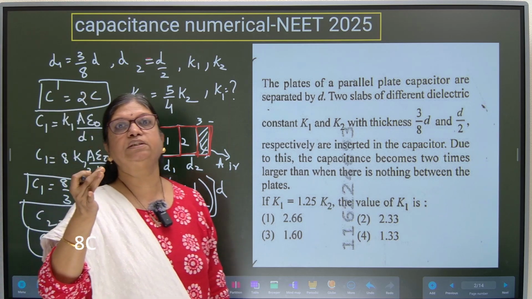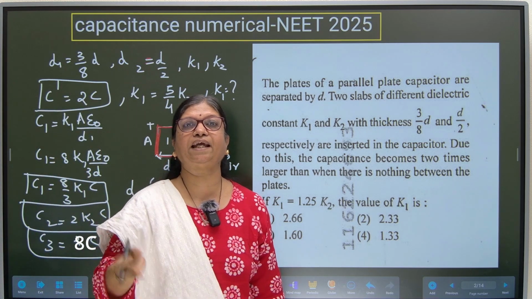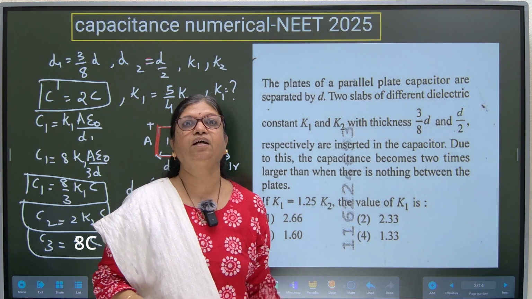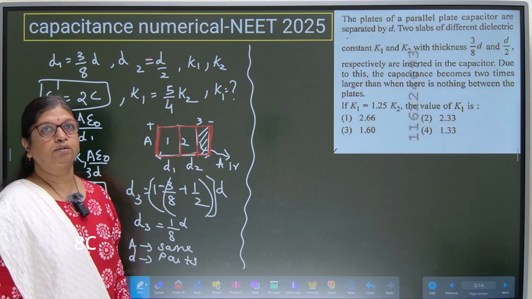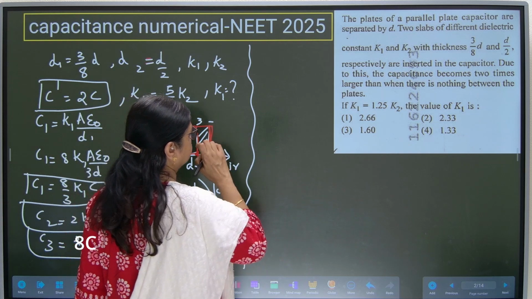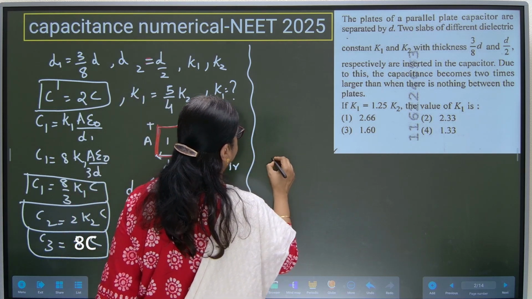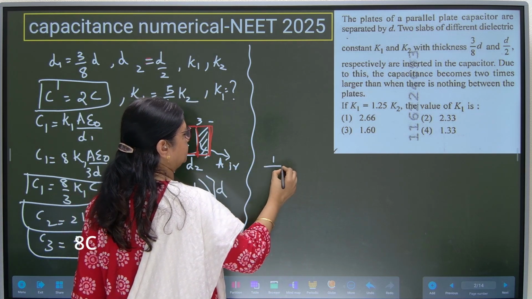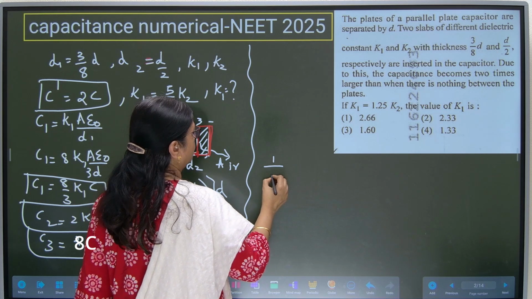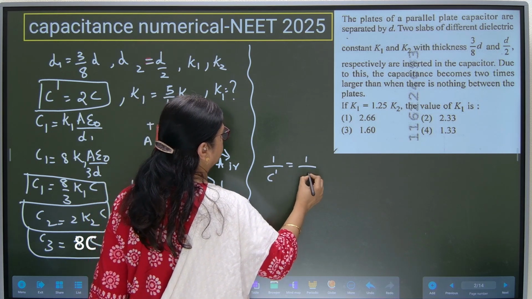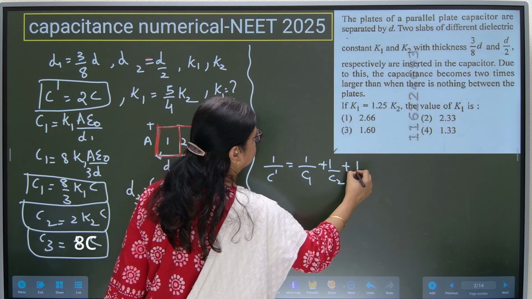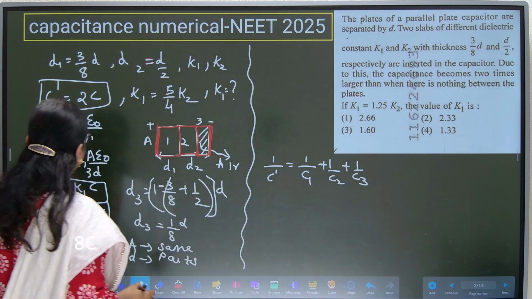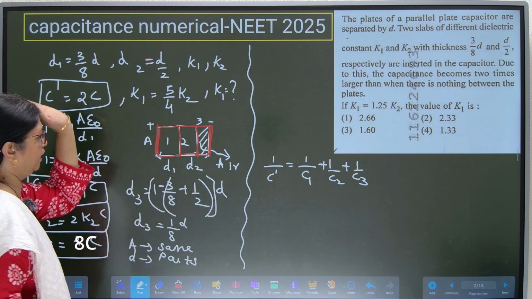C1, C2, C3 are in series, and due to this we get a new capacitance C dash. Understood? So identifying that the 3 capacitors are in series, we have the equivalent capacitance: 1 upon C dash is equal to 1 upon C1 plus 1 upon C2 plus 1 upon C3. We have marked them here, we just substitute.